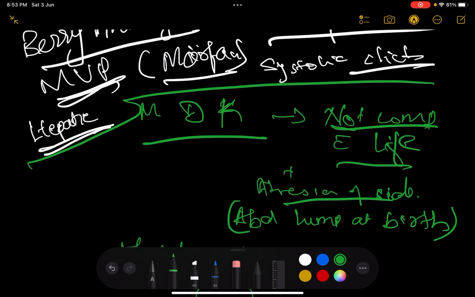Just simply by my fingers, I rested my fingers around the lumbar region in the iliac fossa and went upwards towards the lumbar region, and you could definitely feel the entire kidney. On history and further evaluation, we found out that this patient was diagnosed with cystic kidney disease. However, it was at that point of time unclear what kind of cystic kidney disease the child was actually suffering from.